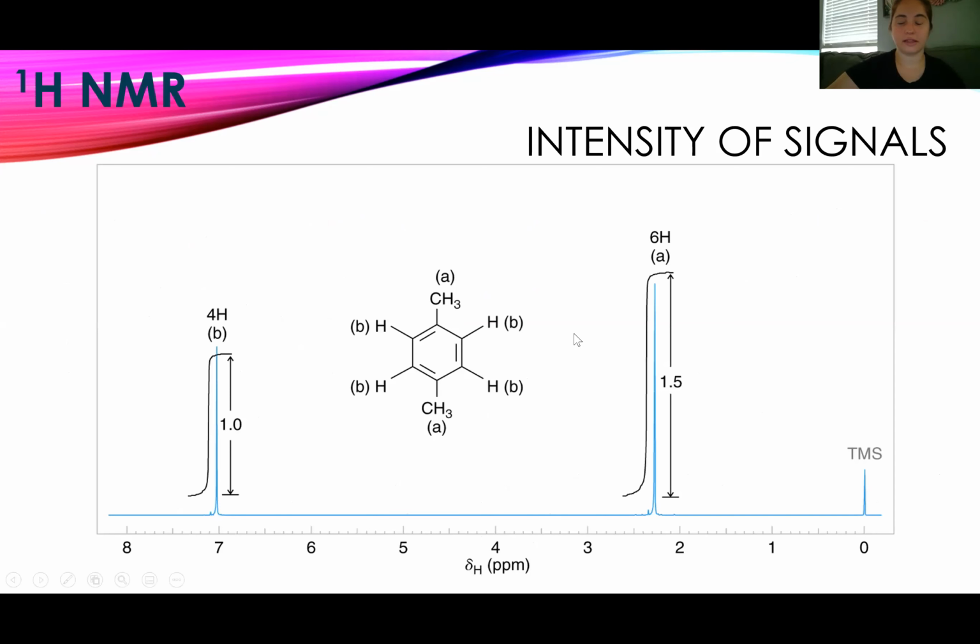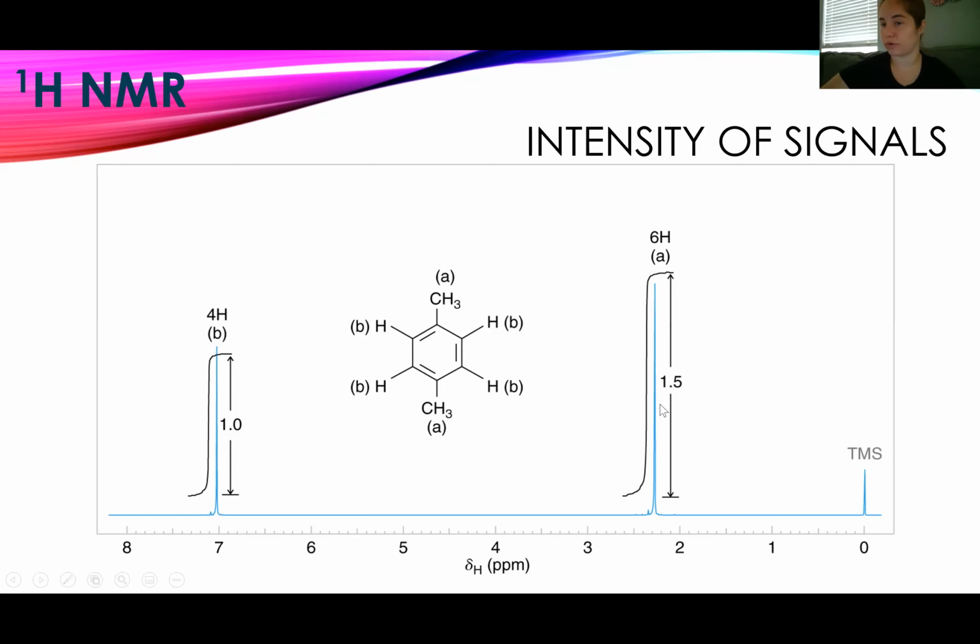A little history on the integral of an NMR spectrum. First of all, older NMRs did not actually print out any sort of number indicating the value of the integral. So here the NMR was giving 1 and 1.5. So this is a ratio. You can't have 1.5 protons. So when you see values of 1 and 1.5, you have to start multiplying by 2 to get to a whole number, or whatever you need to multiply by to get to a whole number.